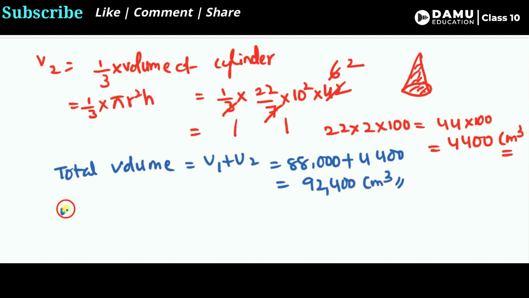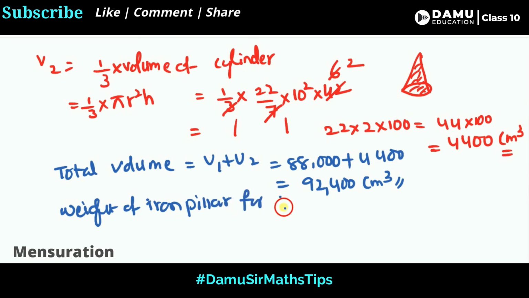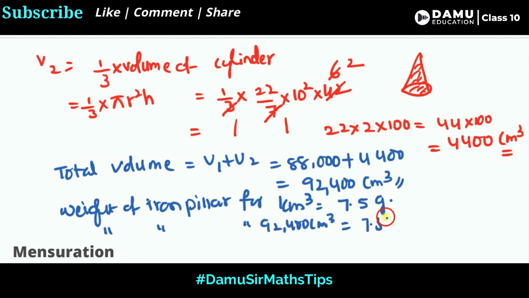So weight of iron pillar for 1 centimeter cube will be equal to 7.5 grams. Then weight of iron pillar for 92,400 centimeter cube will be equal to 7.5 into 92,400.